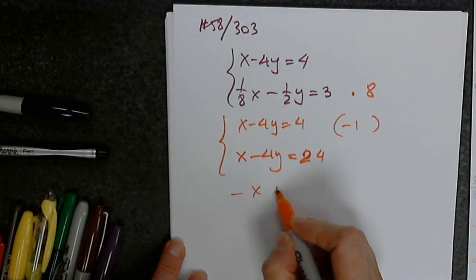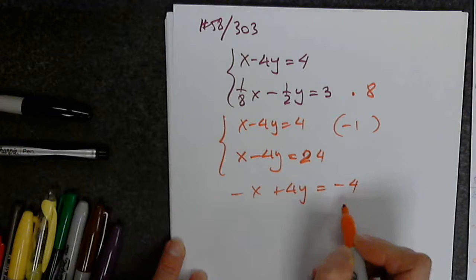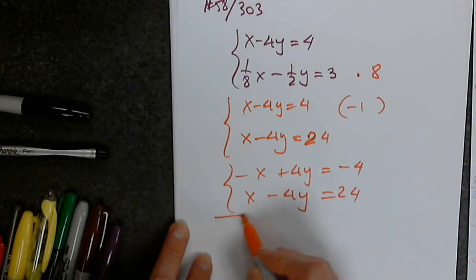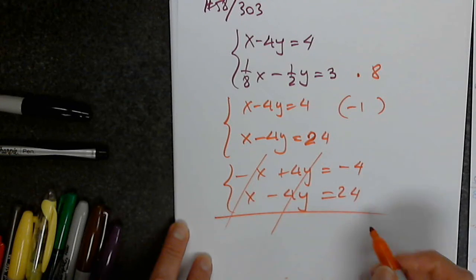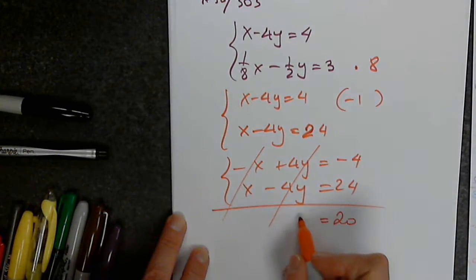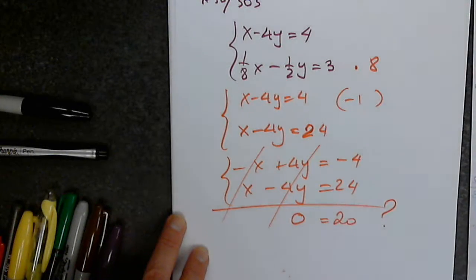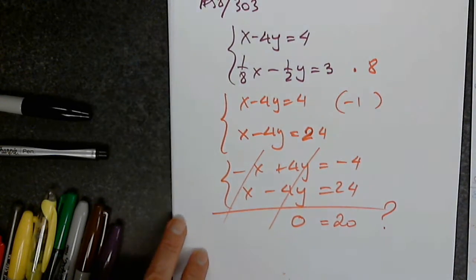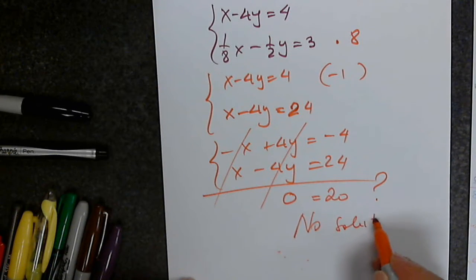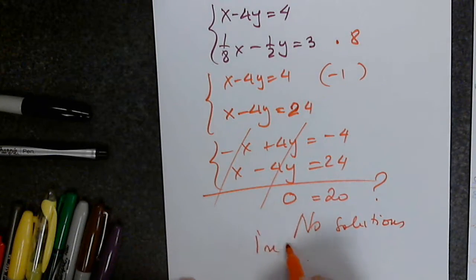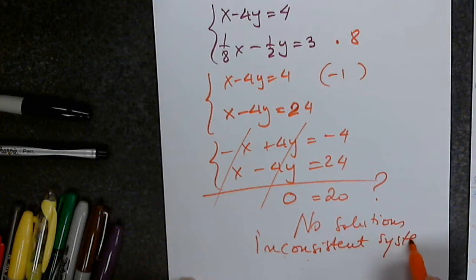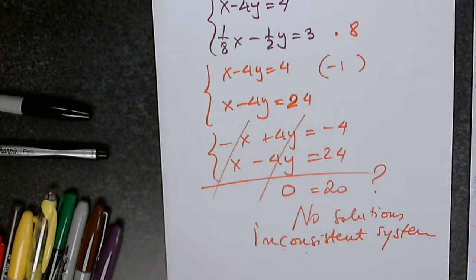So we have negative x plus 4y equals -4, and x minus 4y equals 24. What is left on the left? Good. So what does this mean? What type of system is this? Inconsistent system. Has no solutions.